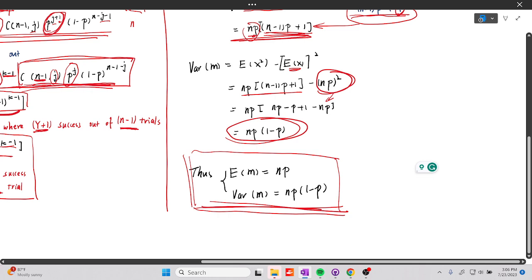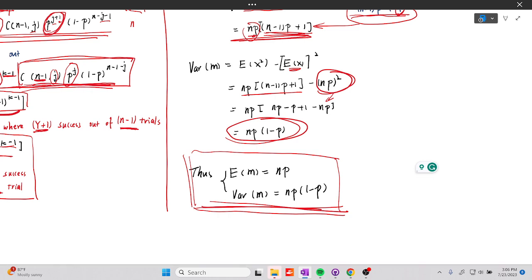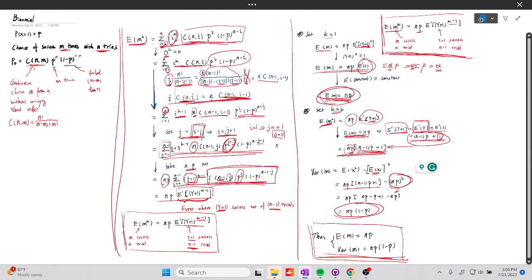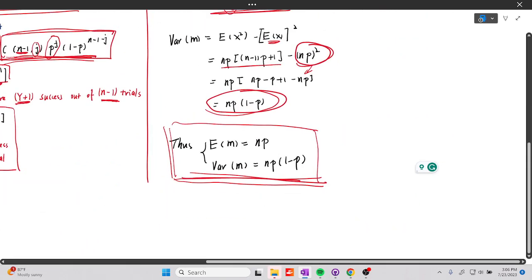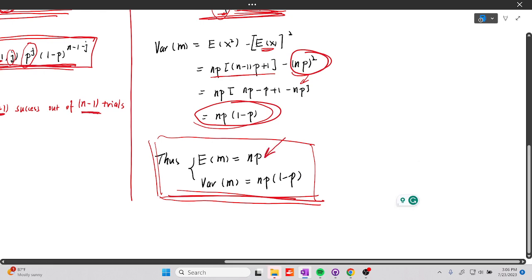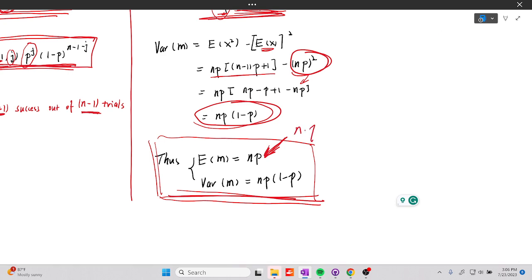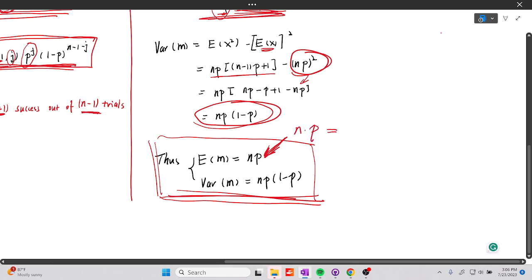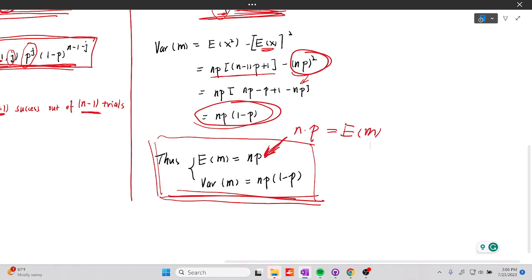And there we go, the expectation value and variance of the binomial. Intuitively speaking, it kind of makes sense, at least for the expectation value: you can imagine you just try n times with probability p of success, and that's the expectation value of how many successes you will have.